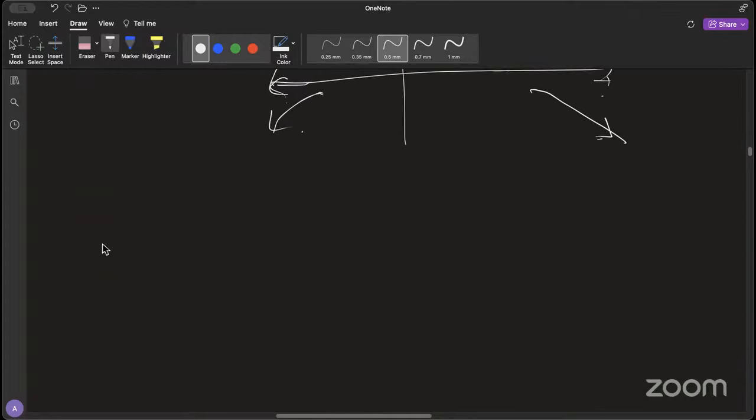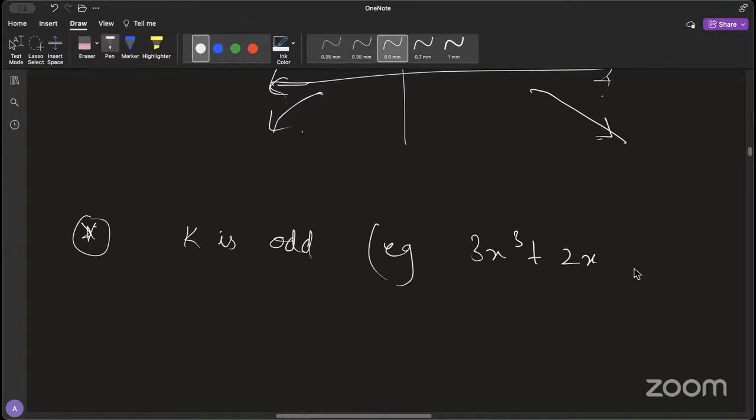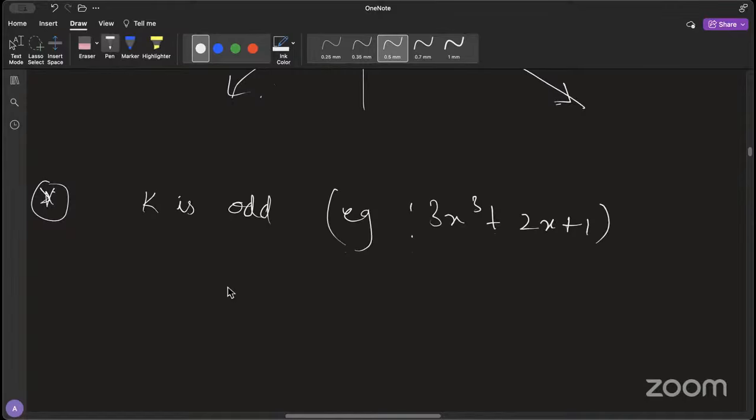Similarly, we have the case for k odd. If your k is odd, for example, let's say you have taken 3x cubed plus 2x plus 1. And the first case is the leading coefficient a_k.